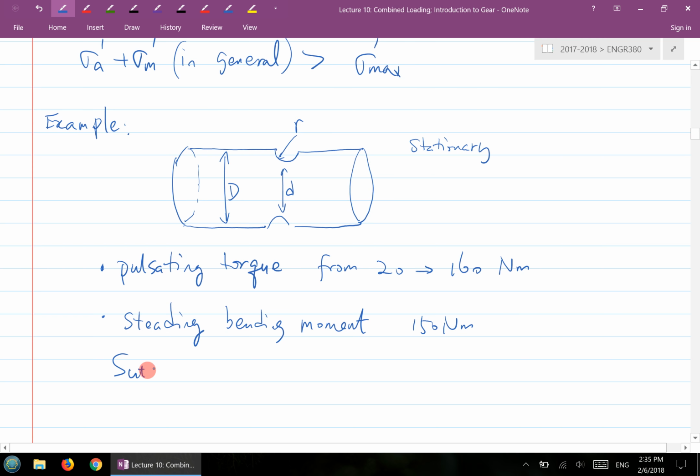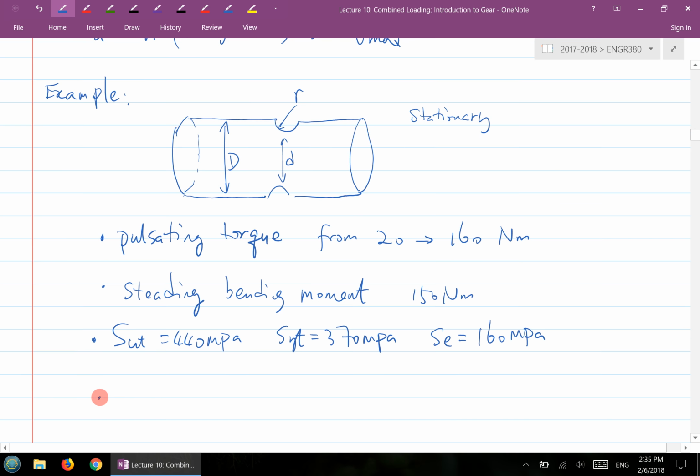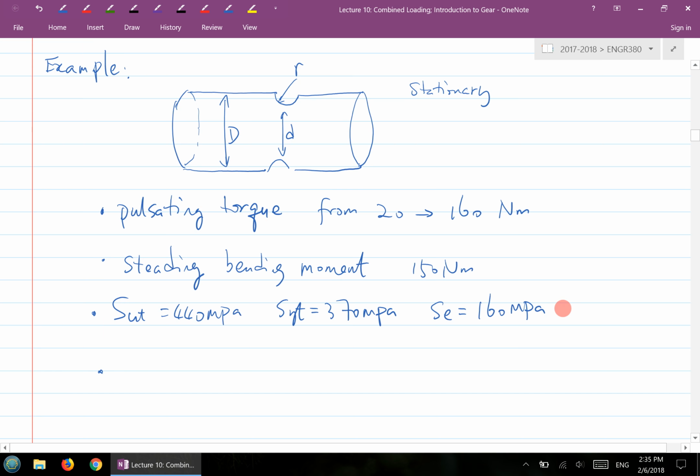Suppose the material SUT is 440 megapascals, SYT is 370 megapascals, and SE is 160 megapascals. There are some other values we need to calculate, but anyway, let's say this is the material here.